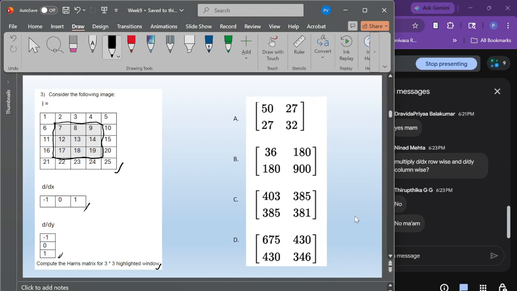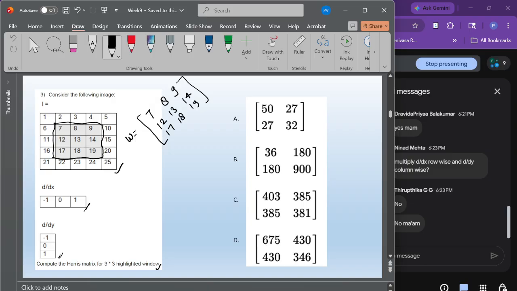So to compute the Harris matrix, which is also known as the second moment matrix, for this highlighted 3 cross 3 window, let's say we represent it by W. This is our highlighted 7, 8, 9, 12, 13, and 14, and this one is 17, 18, and 19.